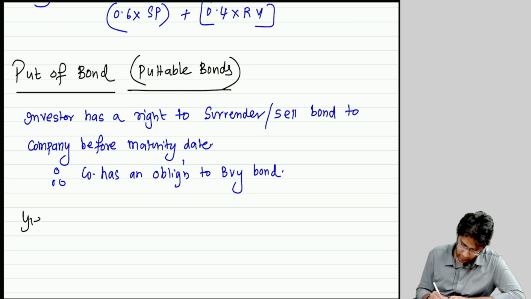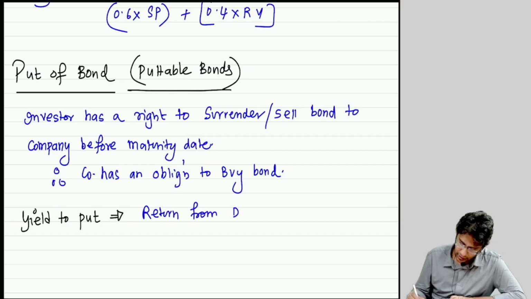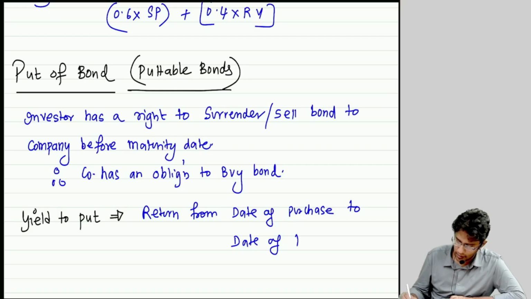Now what is the meaning of yield to put? The formula will work out. Yield to put is the return from the date of purchase to the date of put, or date of surrender.